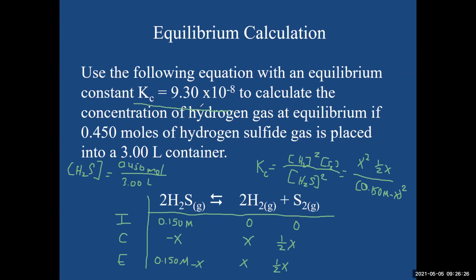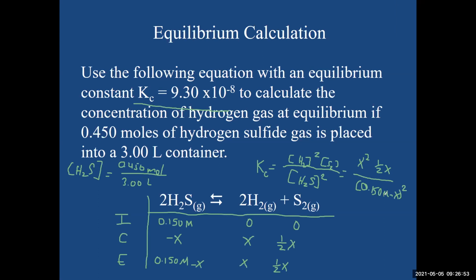If we neglect this one, we're assuming that K has very little value. That means the reactant is going to be much larger than the product.